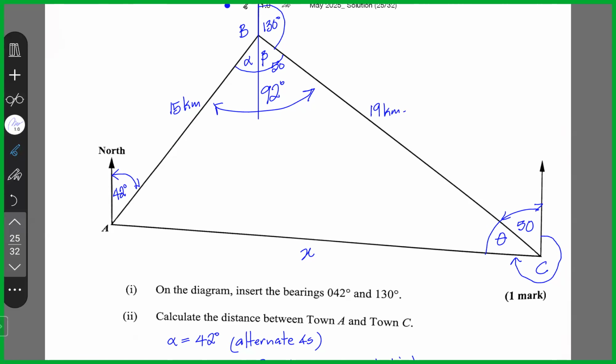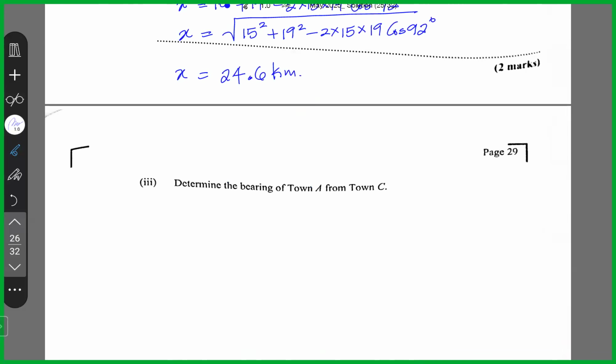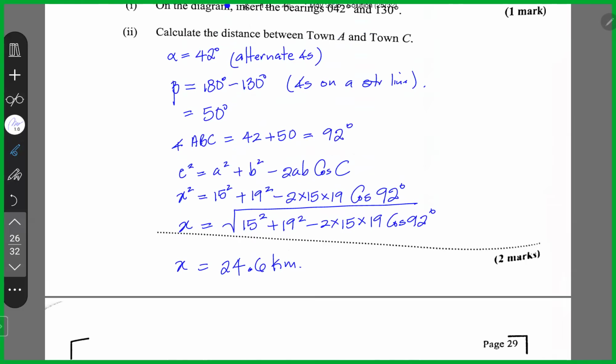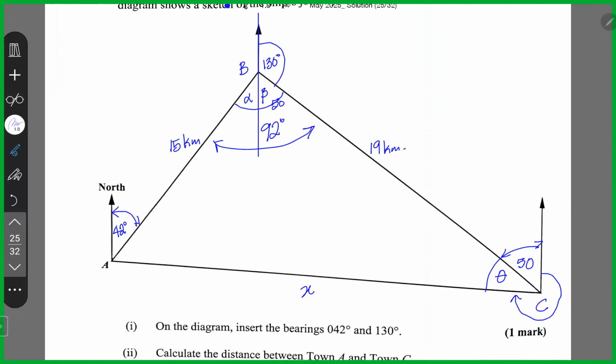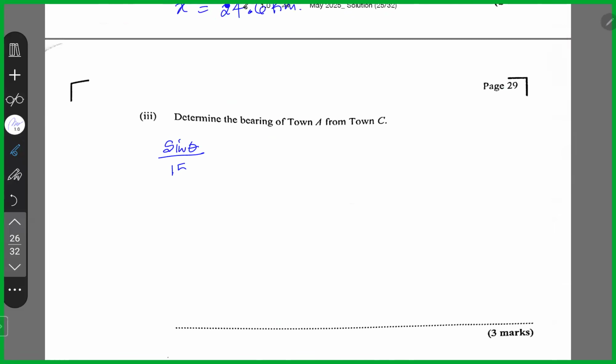So it's going to be the sine of theta over 15 is equal to the sine of 92 over 24.6.